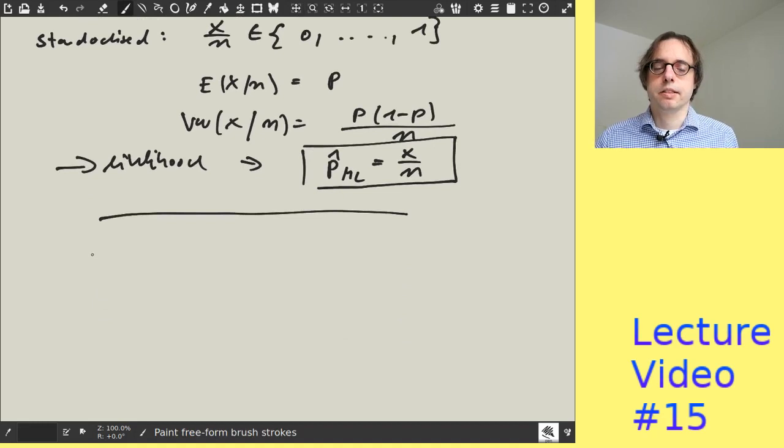To use Bayes' theorem, we need a distribution for the parameter p.